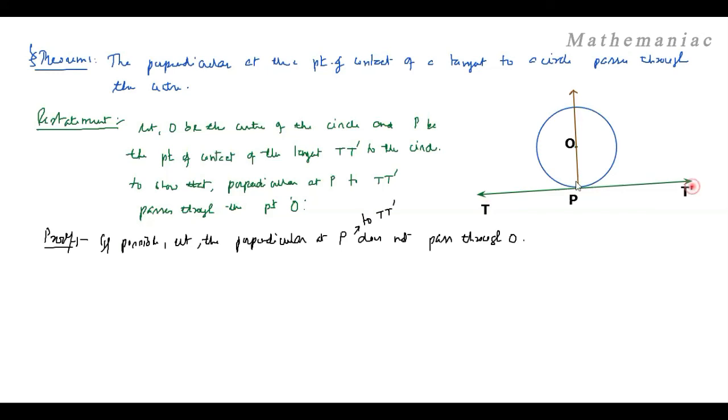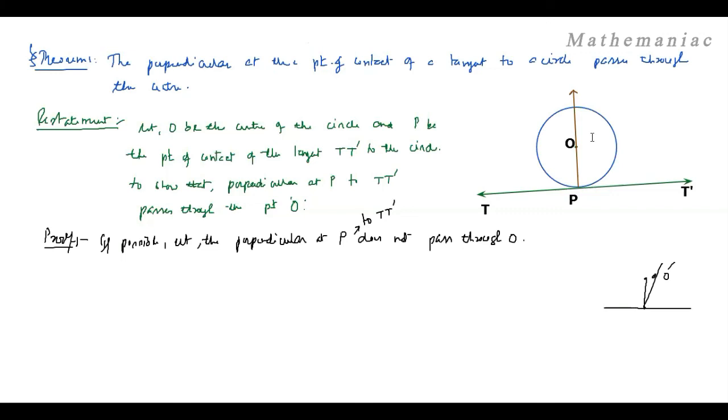So if the perpendicular at this point doesn't pass through O, it means that perpendicular must pass through some other point, right? Obviously, if it is not passing through O, I'm just drawing a figure here. If I say that this perpendicular does not pass through this point O, that means perpendicular will pass through some other point. So now here also that is the case.